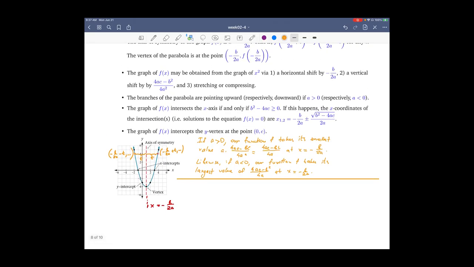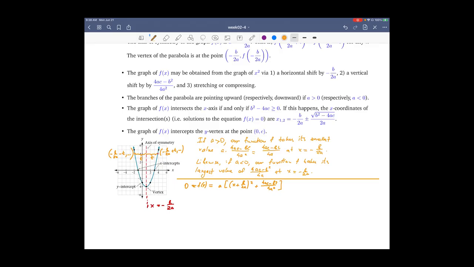We can simply equate to 0 our function f, and because f is a times the brackets x plus b over 2a squared plus (4ac minus b squared) over 4a squared.